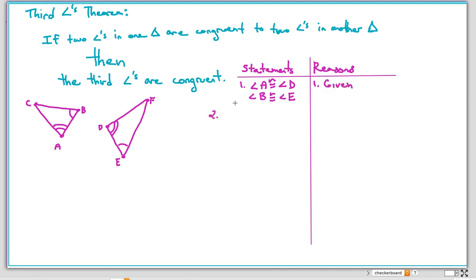Now the next thing that we need to refer to is the triangle sum theorem. We know for any triangle that the sum of the measures of its angles is 180. So I know in this triangle here that measure of A plus measure of B plus measure of C has to be 180.